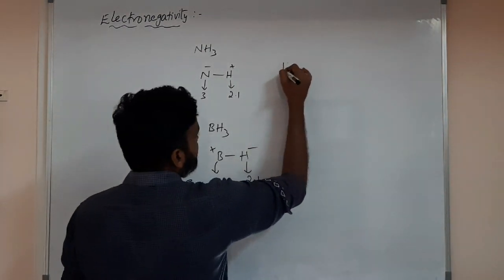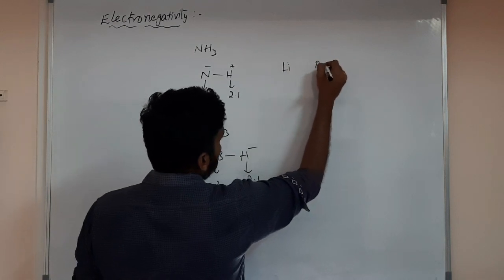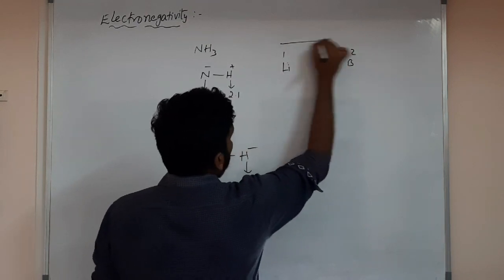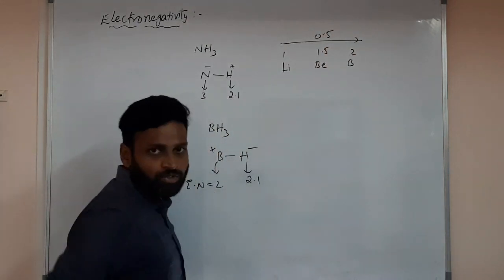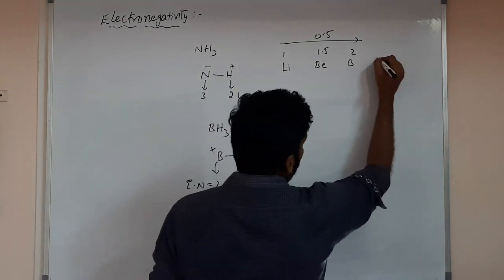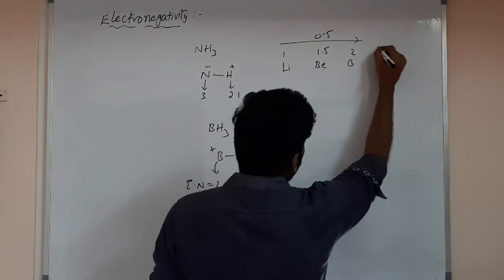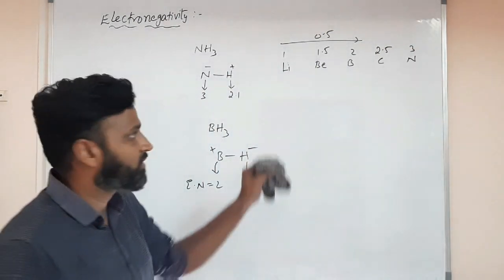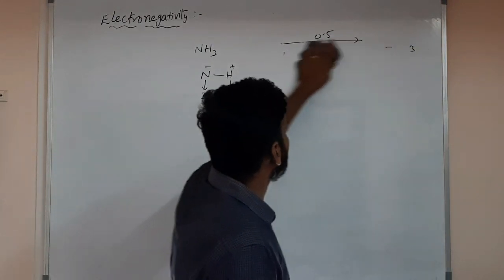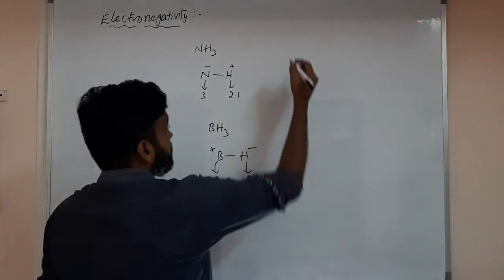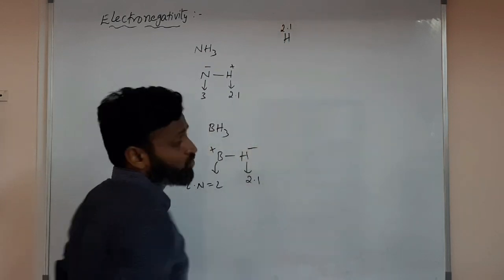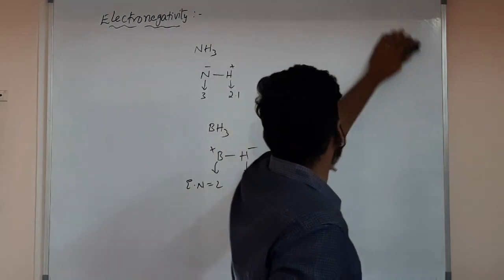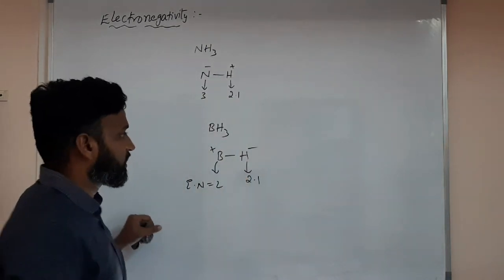I gave lithium, beryllium and boron, 1.5, 2, increasing by 0.5. Do you remember? So how to remember? I already gave boron 2, carbon 2.5 and nitrogen 3, like that, oxygen 3.5. So boron electronegativity is 2, and hydrogen is a reference atom with electronegativity 2.1. Correct? So these all are very important for us. Please remember, without these we can't do anything.